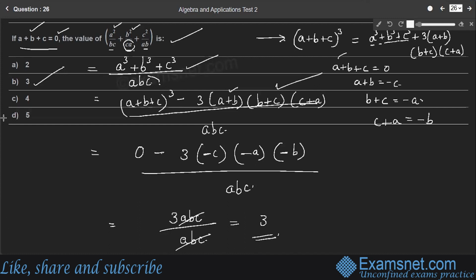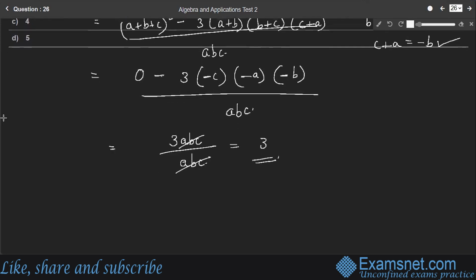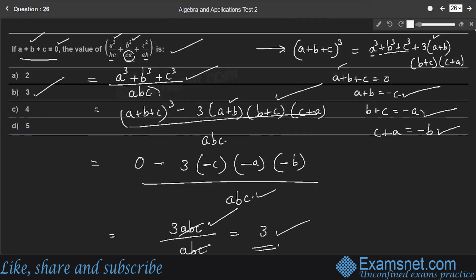Again, a plus b can be written as minus c, b plus c can be written as minus a, and c plus a is equal to minus b. Substituting the values, we'll get 3abc as the numerator divided by the denominator abc. Therefore, we have 3 as the final answer. So, option B is the right answer.